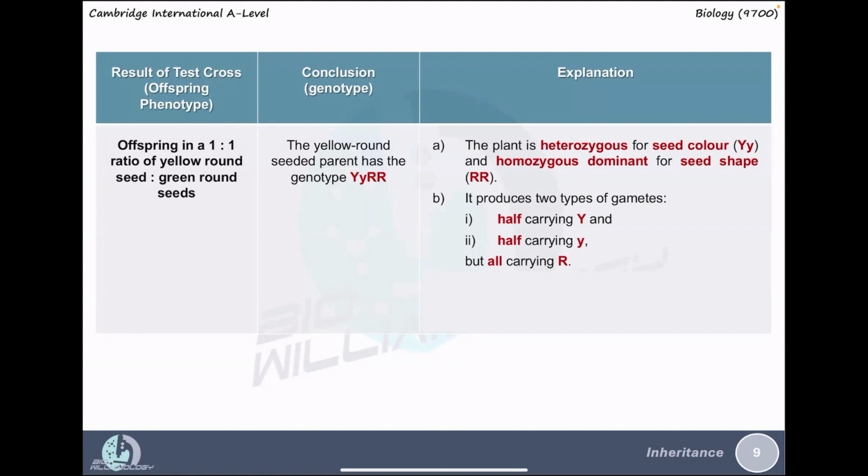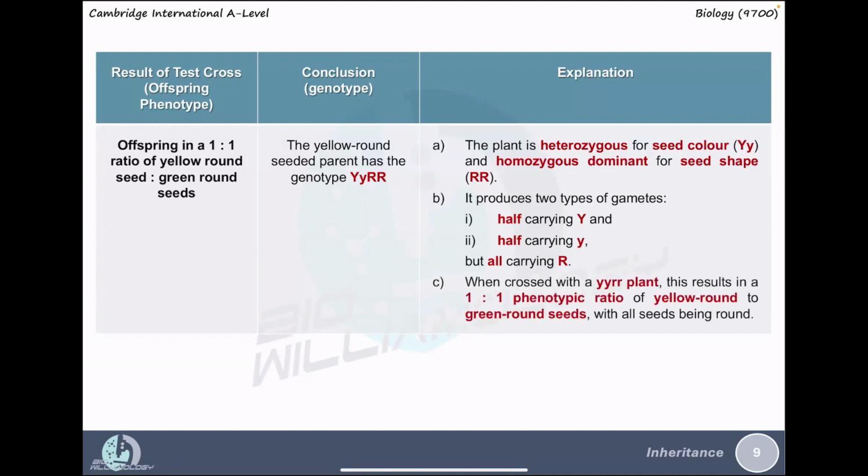Half of the gametes carry dominant allele Y, the other half carry recessive allele y, but all gametes carry dominant allele R. So when crossed with a homozygous recessive plant, this results in a 1 to 1 phenotypic ratio of yellow round to green round seed. Why? Because all gametes carry dominant allele R, which codes for round seed.